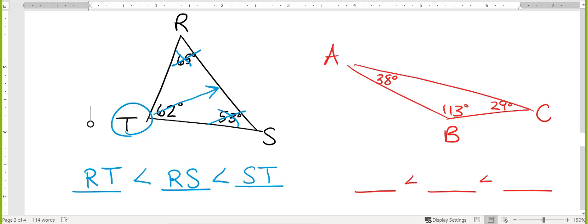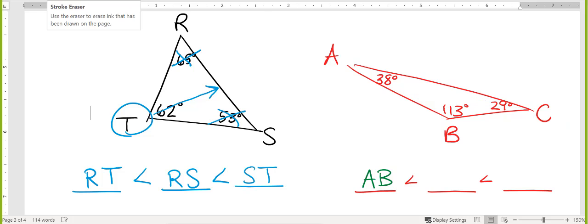So the smallest angle is here. What side is opposite that angle? Side AB is the shortest side length because it's opposite the smallest angle.